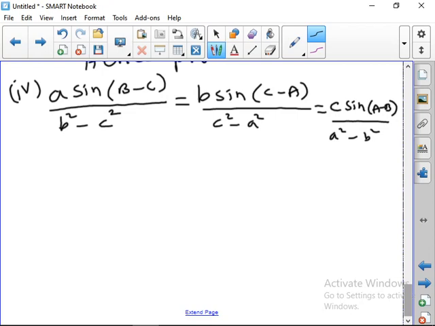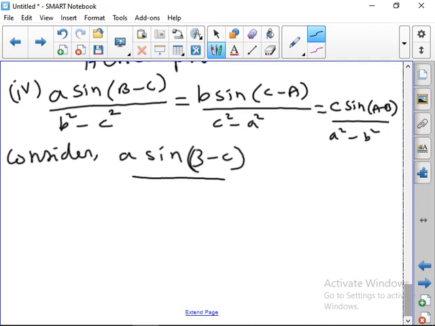Now consider the first term alone. So what is it? a into sine B minus C divided by b square minus c square.